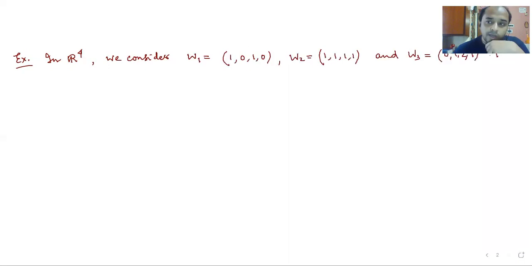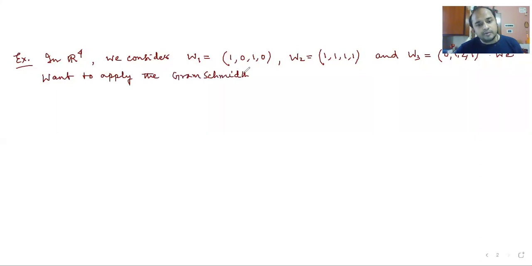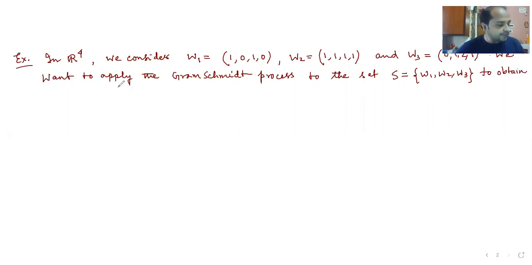We want to apply the Gram-Schmidt process to the set S equal to W1, W2, W3 to obtain S prime containing V1, V2, and V3.